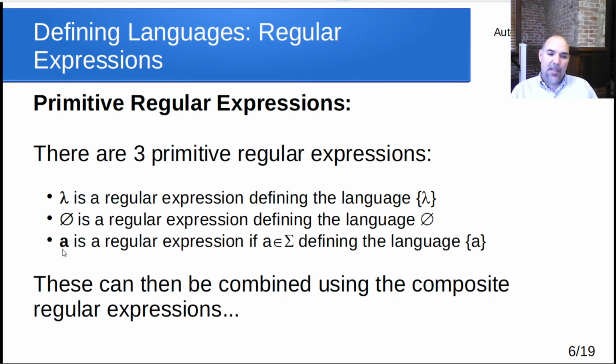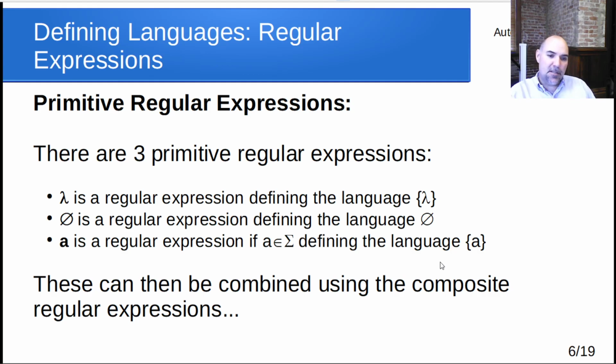We say if A is some element of our alphabet, then A itself is a regular expression that defines a language consisting of just that symbol A. And this is not just saying it's always A. This could be B or C or 1 or 0, or any symbol in our alphabet is itself a regular expression that defines a language consisting of a string of length 1 that is just that symbol. Now that we have our base regular expressions, we can combine those using operators.